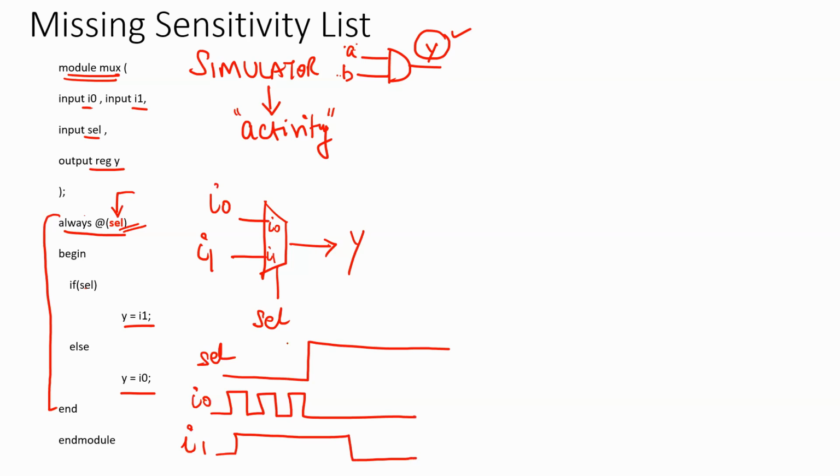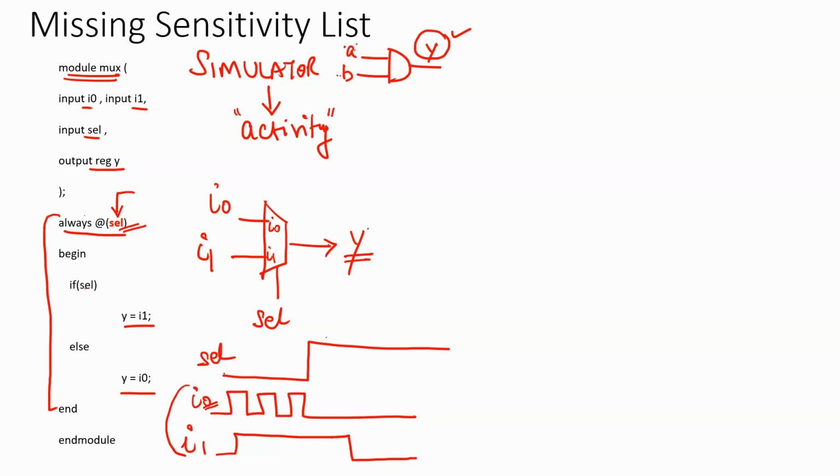Like this. Now, when select is low, there are activities on I0. When select is high, there are activities on I1. But my always block is not sensitive to the activities on I0 and I1. Because of which, I will not see the output Y getting evaluated for changes in I0 and I1.